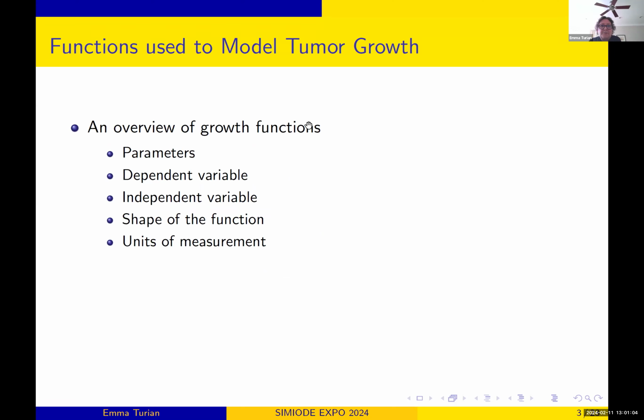For the functions used to model tumor growth, when we cover this topic, basically we go over parameters, which ones are the parameters, the dependent variables, the independent variables. We discuss the shape of the function, units of measurement for the evolution equation and for their solution.